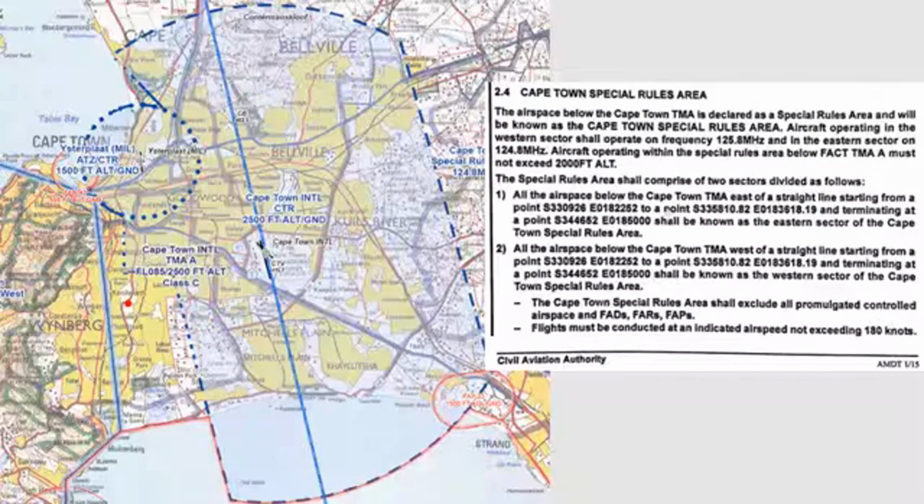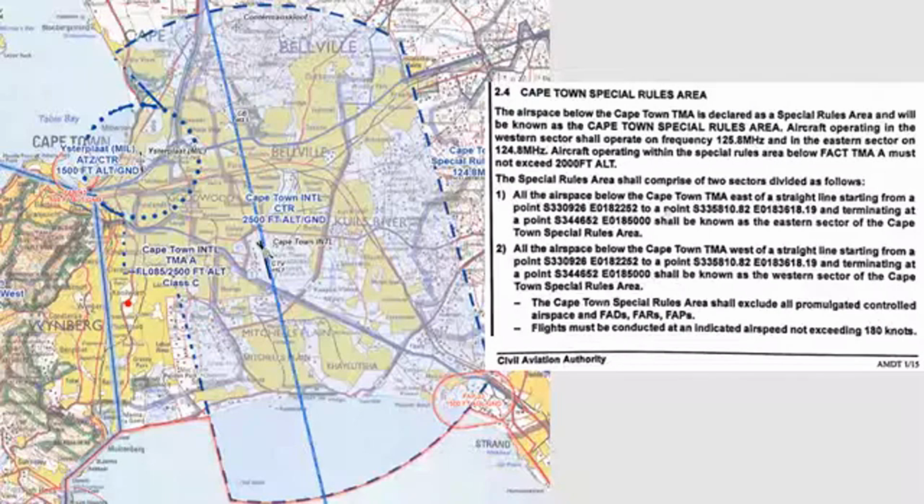Keep a good lookout when you're flying towards the Kenilworth area, because you're going to have traffic hovering in this area, orbiting, routing inbound or outbound, and everybody should be talking on 125.8. You obviously also need to be speaking to Cape Town if you're routing inbound. You're first going to speak to Cape Town well before Kenilworth to advise them of your intentions.